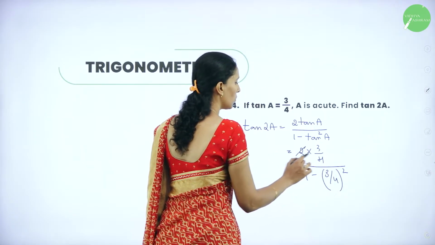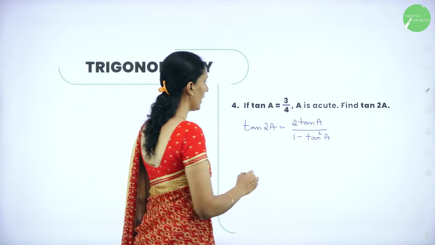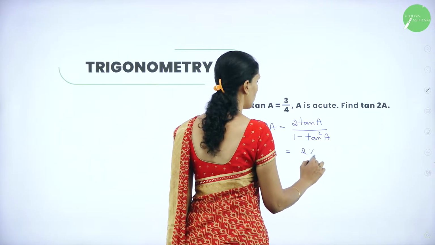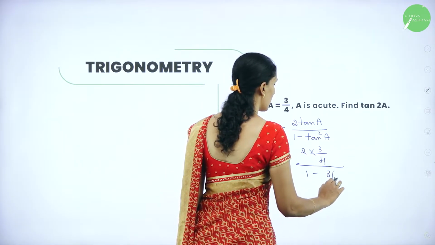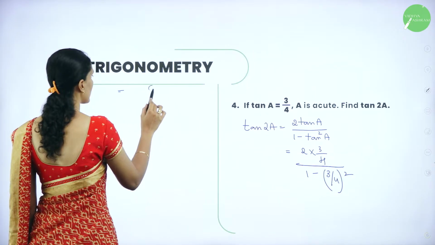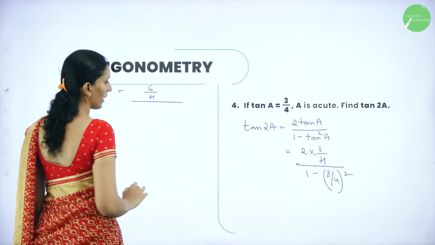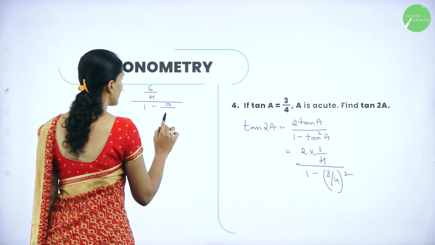So substitute the value of tan A. So this becomes 2 into 3 by 4 divided by 1 minus 3 by 4 whole square. So this becomes 6 divided by 4 whole divided by 1 minus 9 by 16.